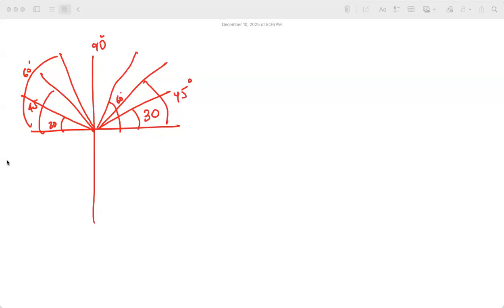And if you think about the other way of doing it, this can be 30, 45, 60. Make sense? So if you want to find out this angle, to pi by 2 you can add a pi by 6. To pi by 2, you can add a pi by 4. To pi by 2, you can add a pi by 3. Does that make sense?